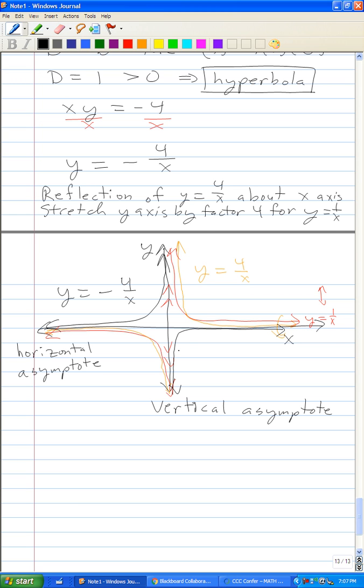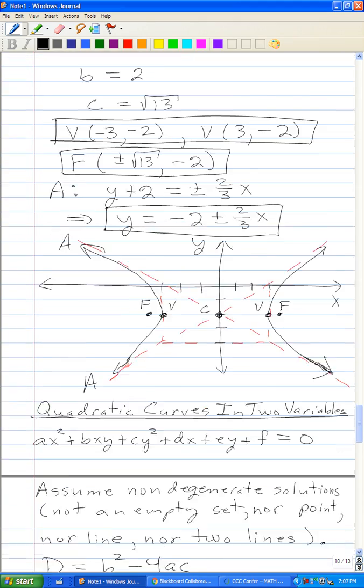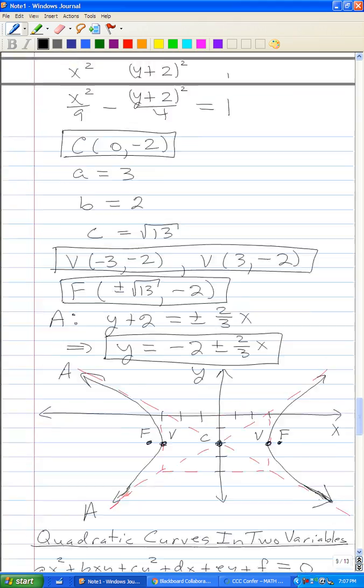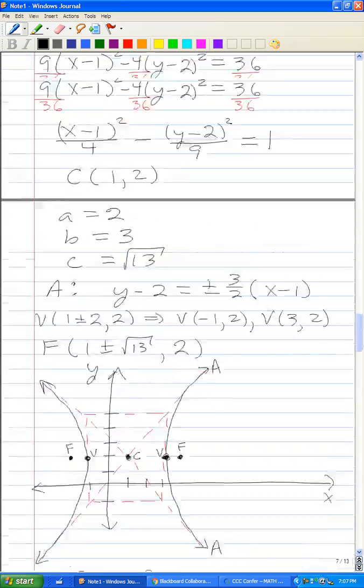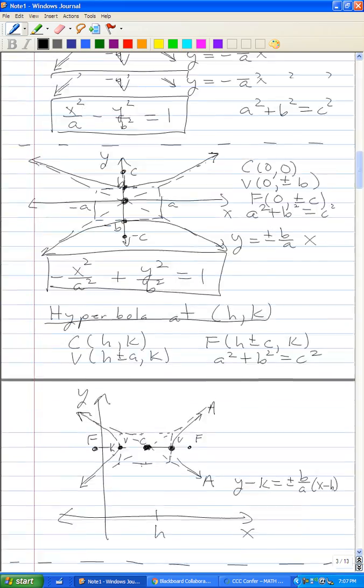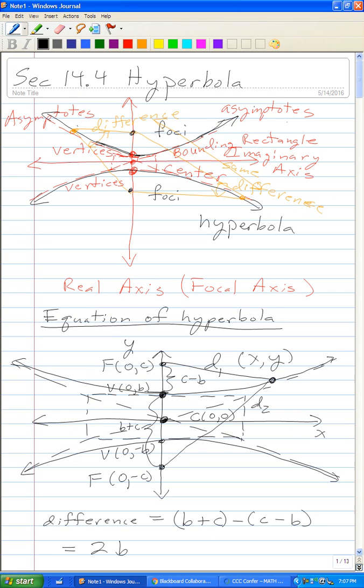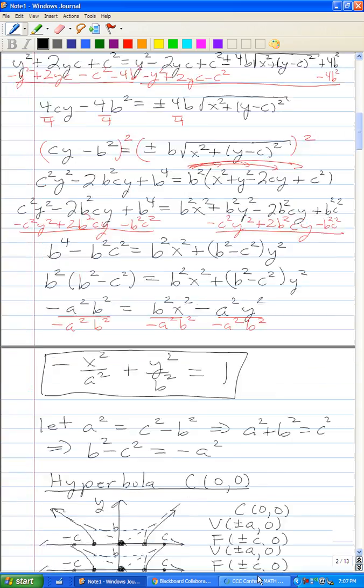And so this just looks like what we've been drawing before, the graph with these asymptotes, where all I've done is rotated it 45 degrees.